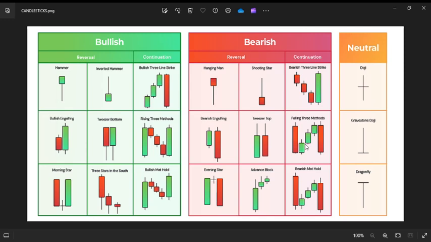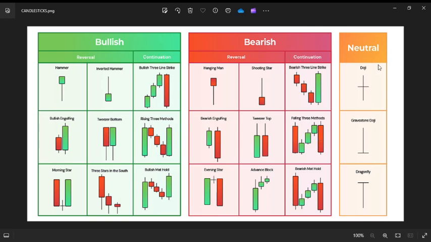The market will continue to move downward until it gets to a certain support level, and then new confirmation forms to indicate whether the market will continue or reverse. So these are some examples of continuation of a bearish trend.